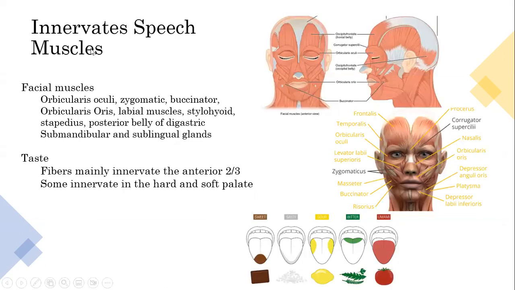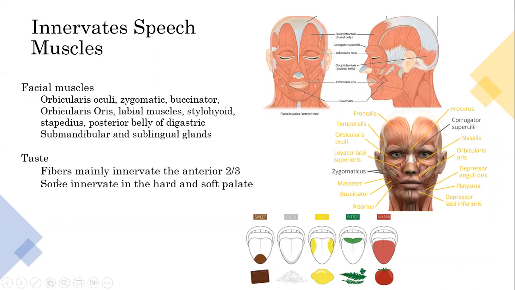As for which muscles it innervates, since there are so many branches, it's going to innervate a lot of them. You have your facial muscles, which are the orbicularis oculi, zygomaticus, buccinator, orbicularis oris, labial muscles, stylohyoid, stapedius, posterior belly of the digastric, and then the submandibular and sublingual glands.